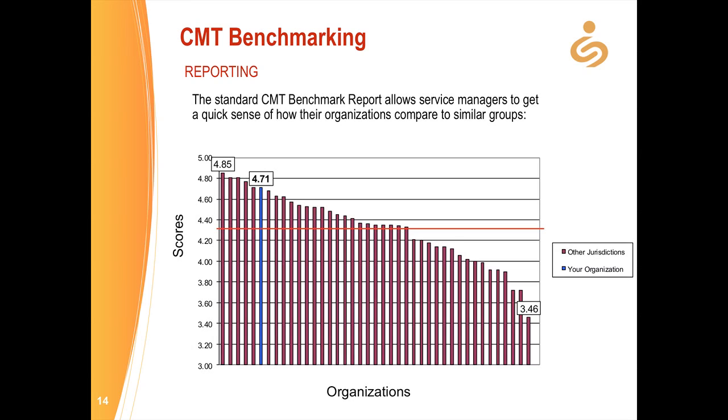This comes from an actual report that we produced, and each bar represents a different data point, that is, a score achieved by one of our benchmarking clients. The requesting unit is in blue, and you can clearly see how it is positioned against the rest of units in the group. And the horizontal red line represents the average for the entire group.